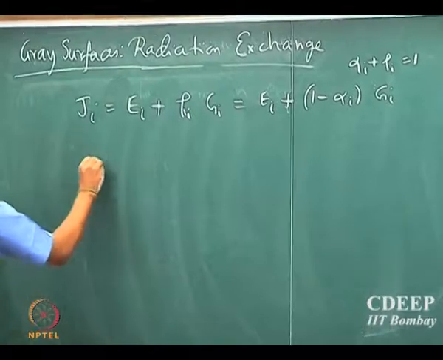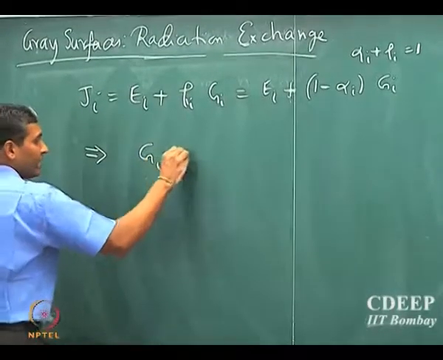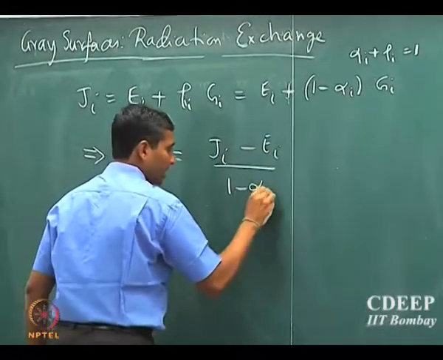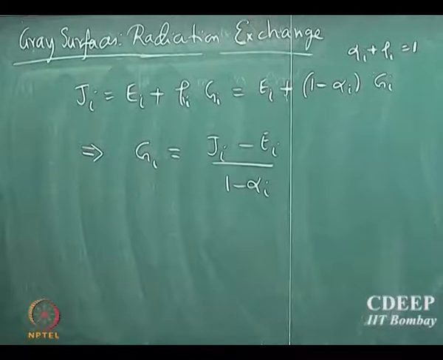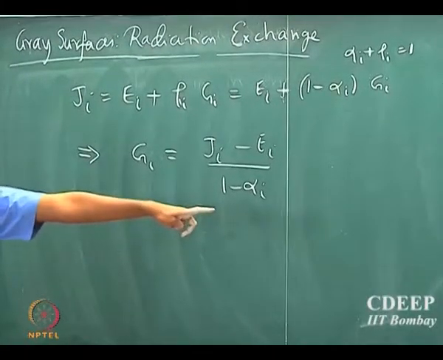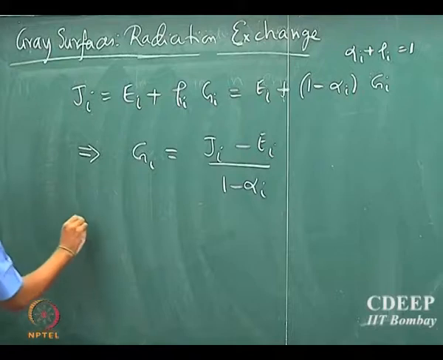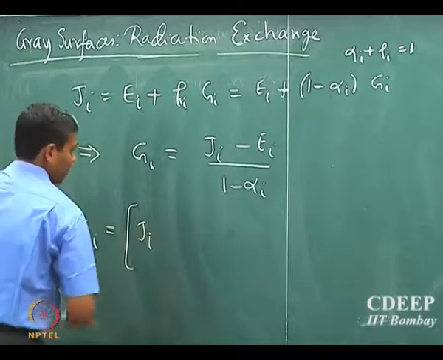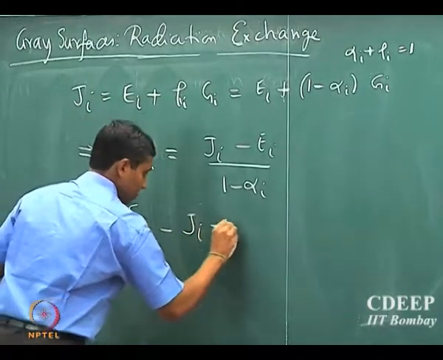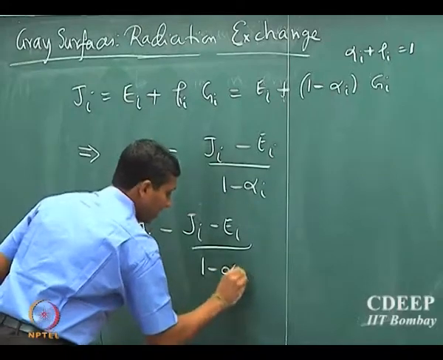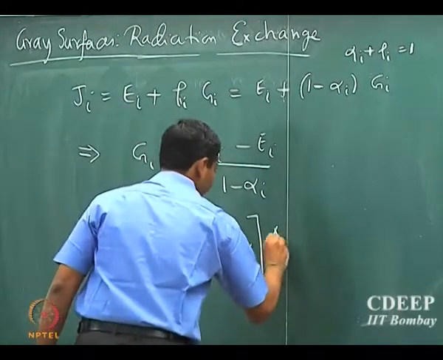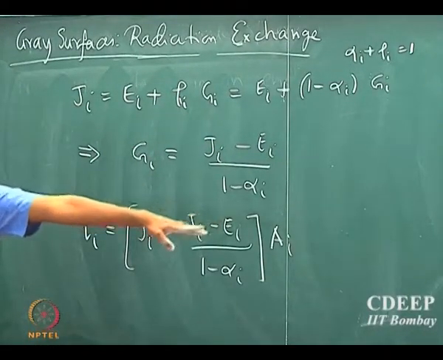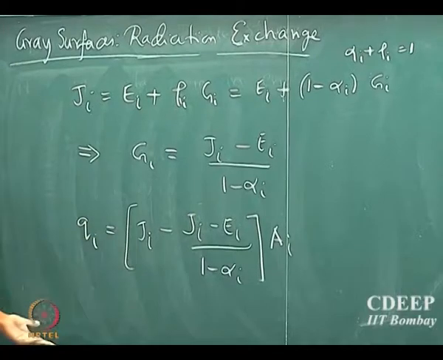From here, Gi equals Ji minus Ei divided by 1 minus alpha I. If we substitute that into the expression, Qi equals Ji minus that quantity multiplied by Ai. All I have done is eliminate Gi from the net radiation exchange.